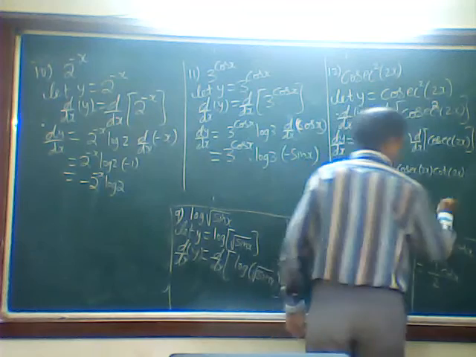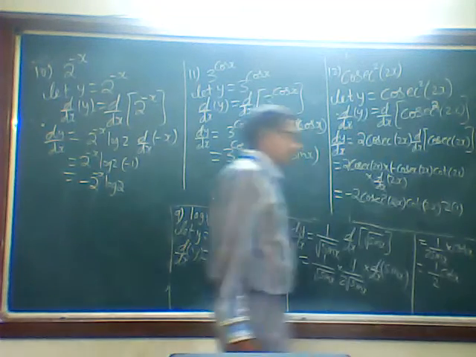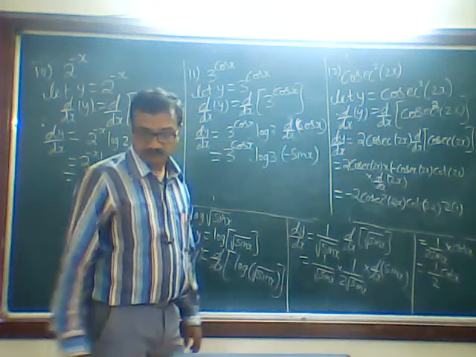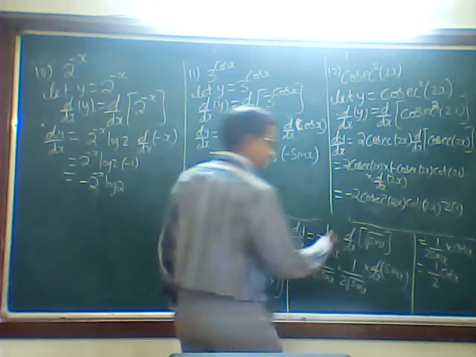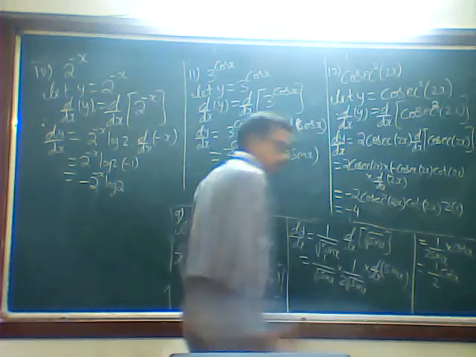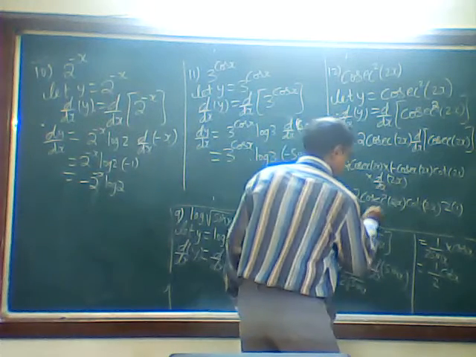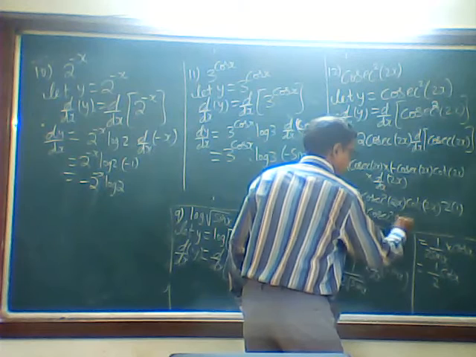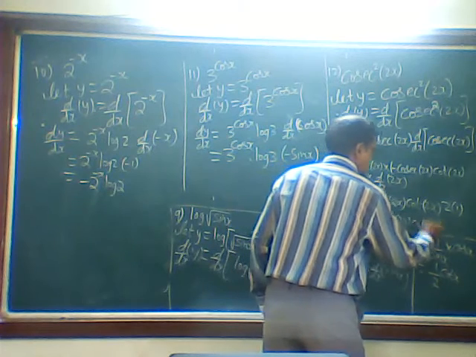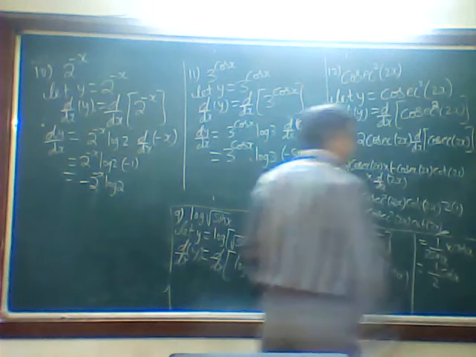Then d by dx of 2x: 2 is constant, d by dx of x is 1. So it is 2. Now 2 into 2 will become minus 4 cosec square of 2x into cot of 2x.